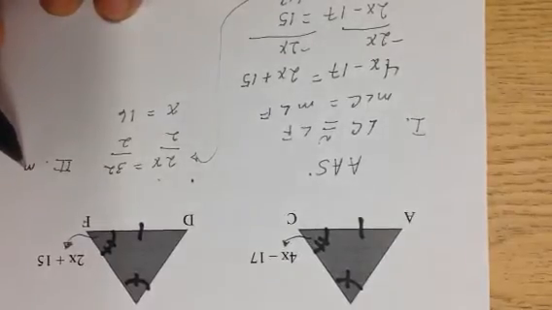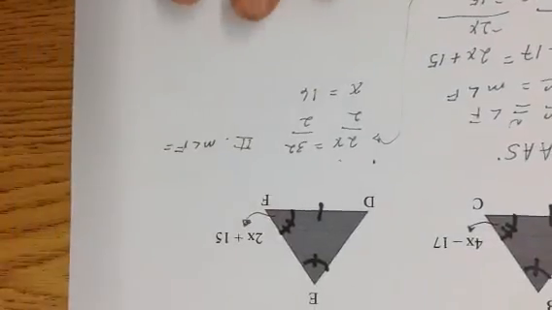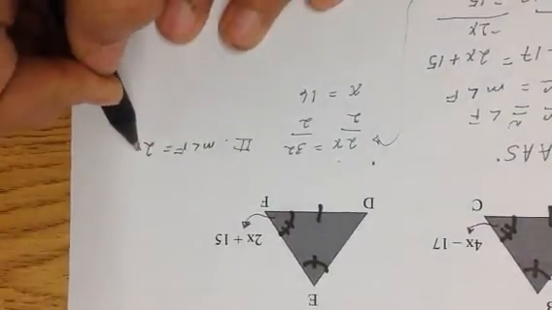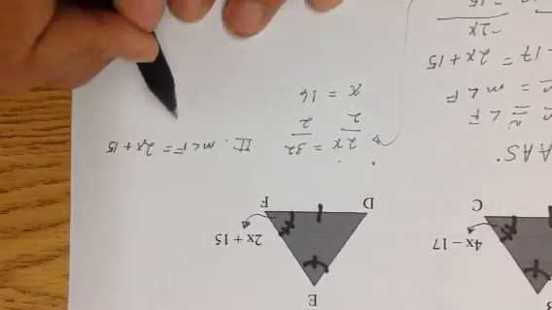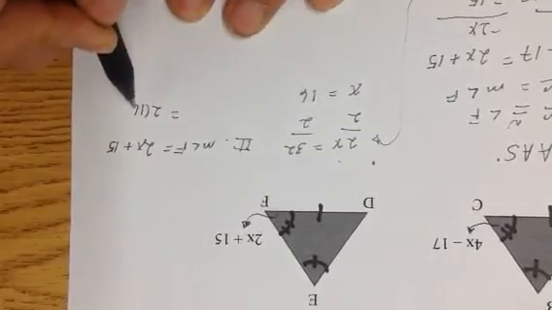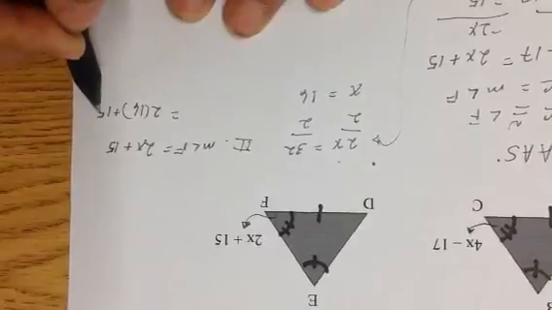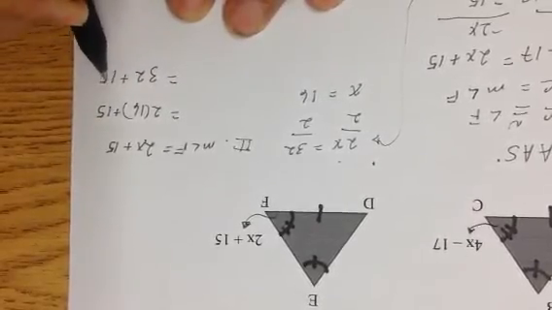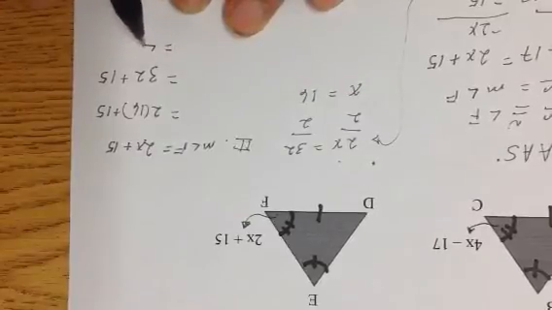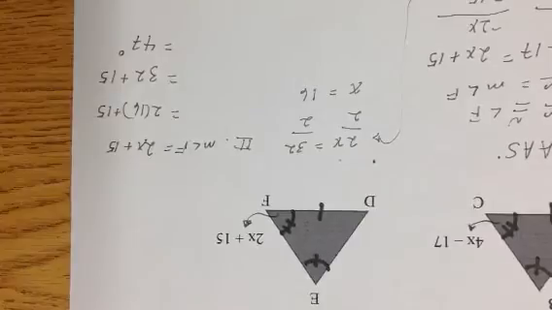So the measure of angle F equals 2x plus 15. So that's going to be 2 times 16 plus 15, which is 32 plus 15, which gives me 47. And actually we know it's going to be 47 degrees.